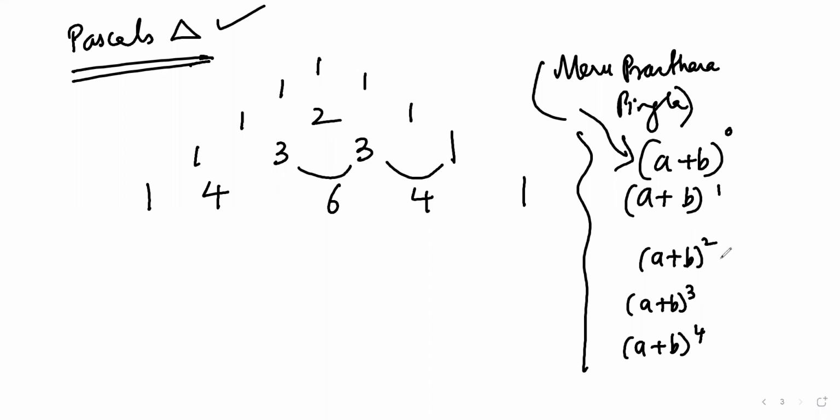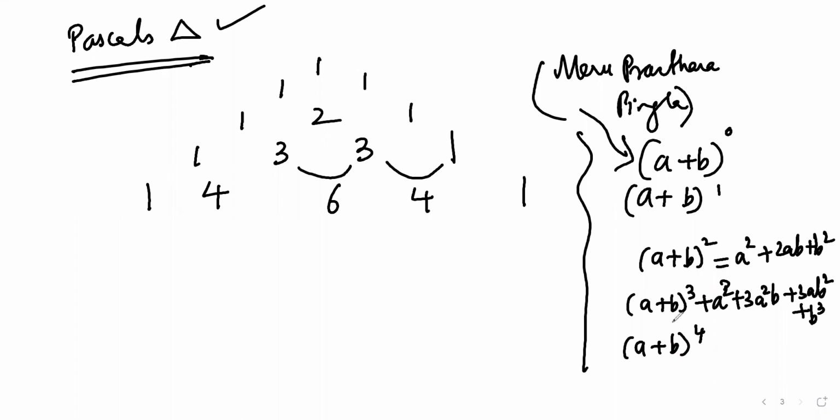What is (a plus b) the whole square? a square plus 2ab plus b square. What is (a plus b) the whole cube? a cube plus 3a square b plus 3ab square plus b cube. Isn't it? Can you relate something to this? 1, 3, 3, 1, and then 1, 2, 1 for the square, and likewise.